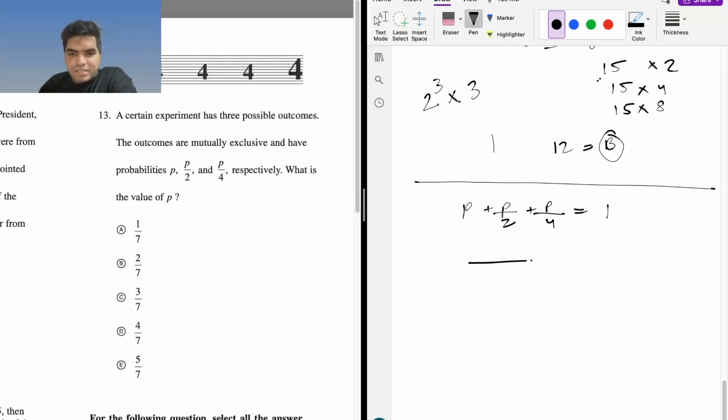So the denominator will be 4. So 4p plus 2p plus 1p is equal to 1. So 7p is equal to 4, which implies p is equal to 4 by 7. So what is the value of p? Option D. So 13 is equal to option B.